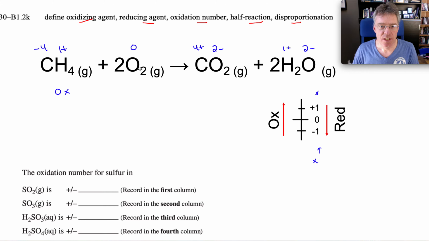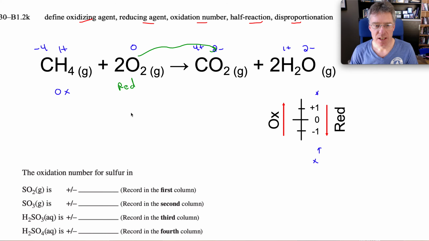Our oxygen is going from 0, and we have oxygen twice, so sometimes students can get confused, but it doesn't matter which pathway you follow. In either case, we're going to -2. So 0 down to -2 is what's being reduced. Now our agents are defined as they cause something to happen, a gain or loss in the other species.